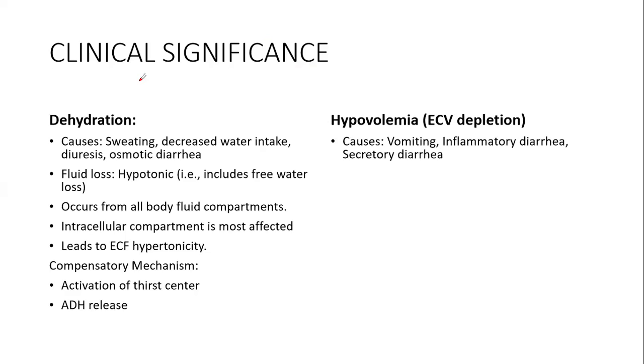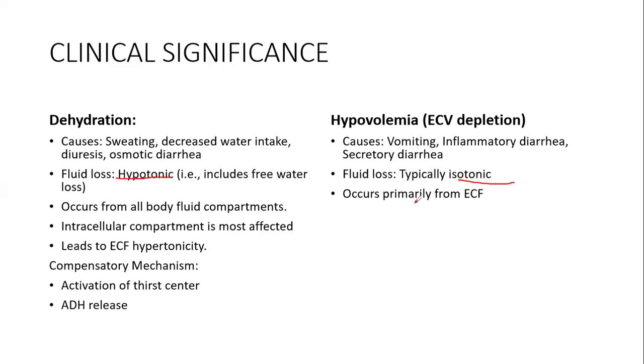In hypovolemia, dehydration versus hypovolemia, the effective circulating volume is depleted, right? The causes include vomiting, inflammatory diarrhea, and secretory diarrhea. Fluid loss is typically isotonic. In dehydration, the fluid loss is hypotonic, but in hypovolemia, the fluid loss is isotonic.